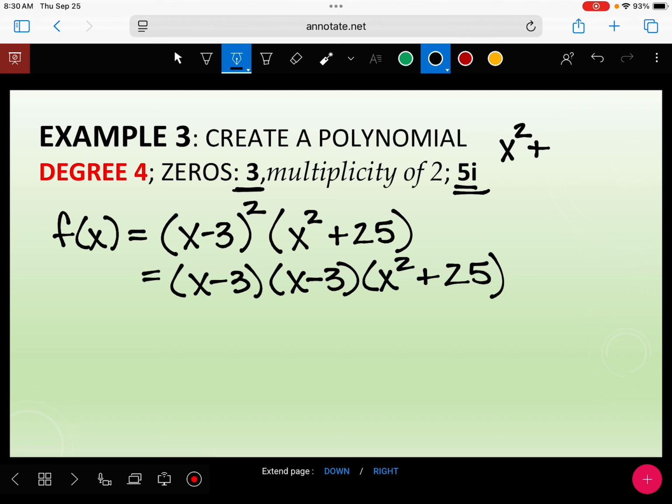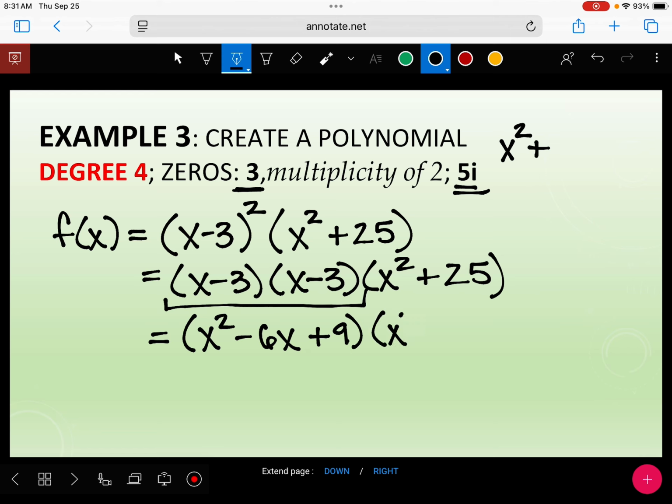So I would probably start off by multiplying these two. You don't have to, but I think that might be the easiest. So feel free to make your box. Multiply x minus 3 times x minus 3. Okay, so this is what you should have. Who had that when they multiplied the x minus 3 times x minus 3?